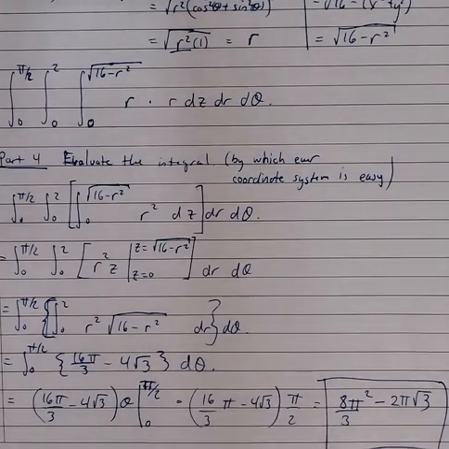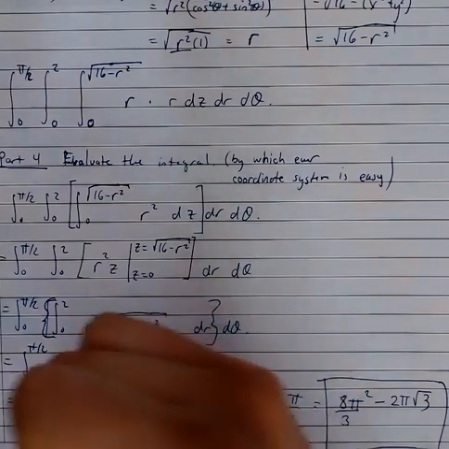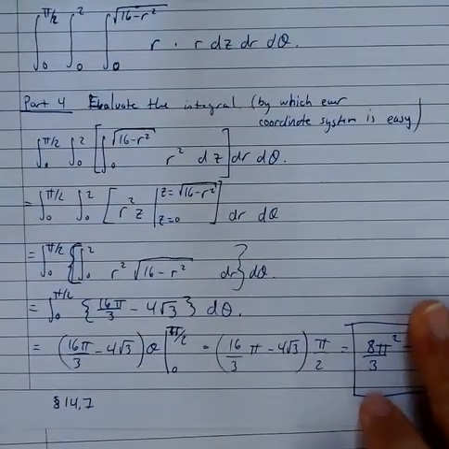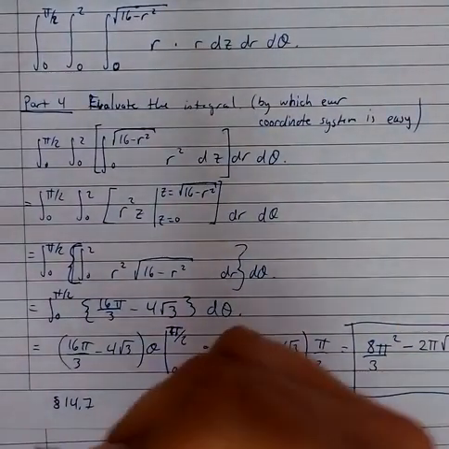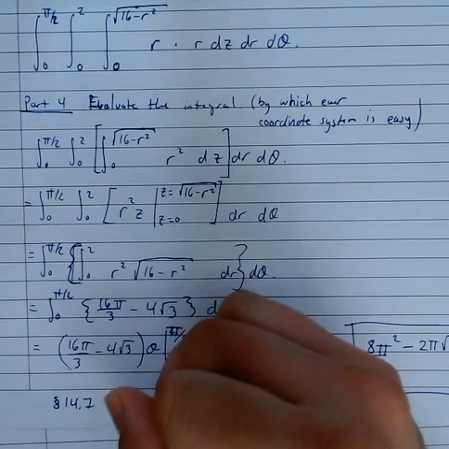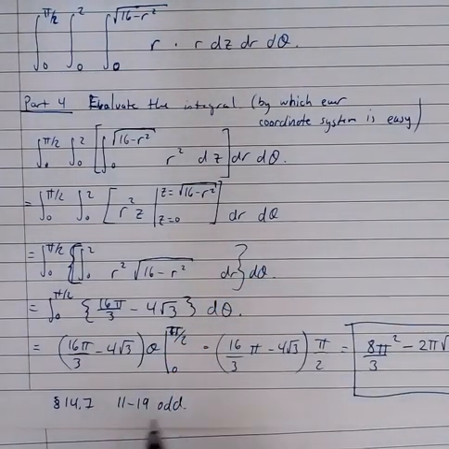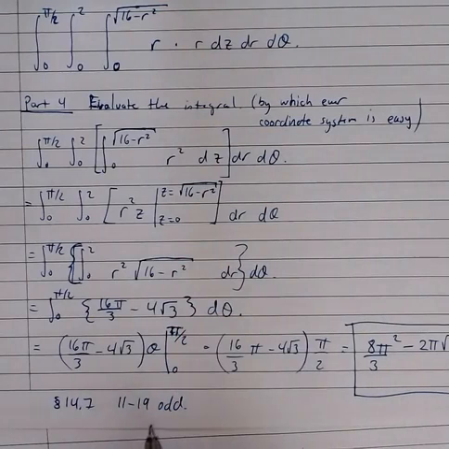And for an assignment, go ahead and try problems in Section 14.7. Go ahead and try problems 11 through 19 odd. The first few are just sketch out some objects, sketch out what this looks like.